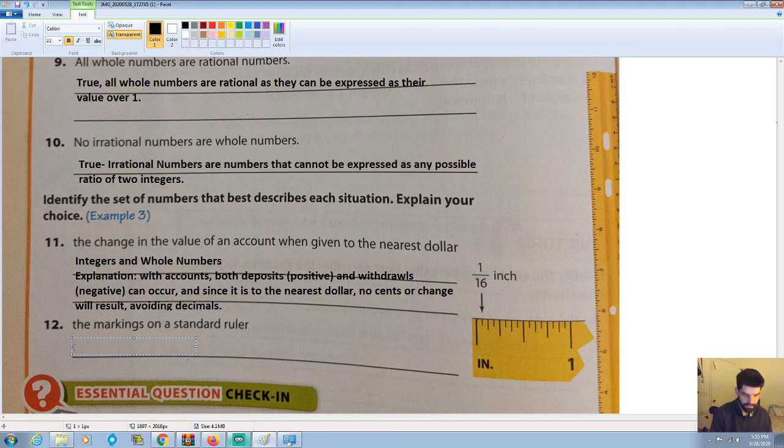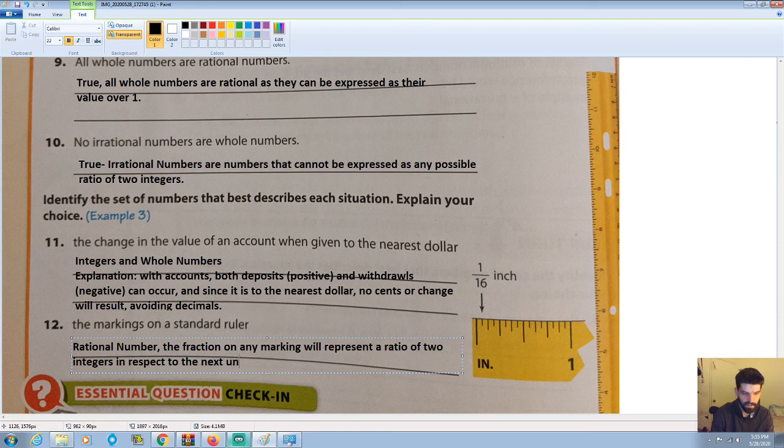Because of that fraction, it's going to be a rational number, being that any marking will represent a ratio of two integers in respect to the next unit.